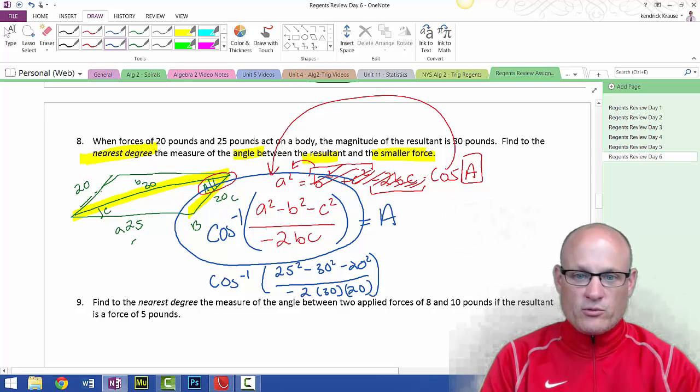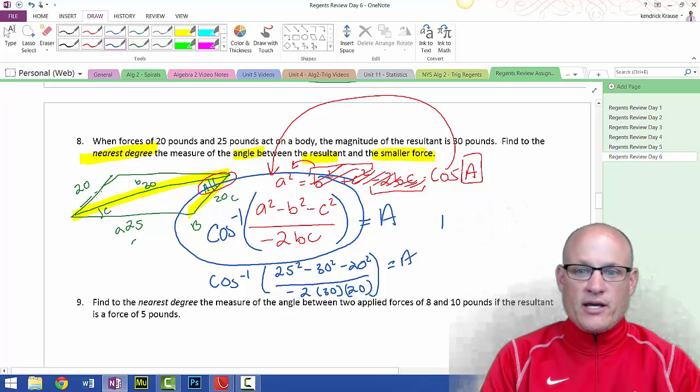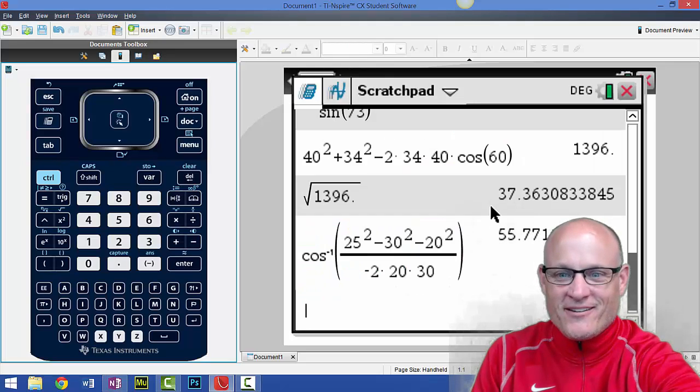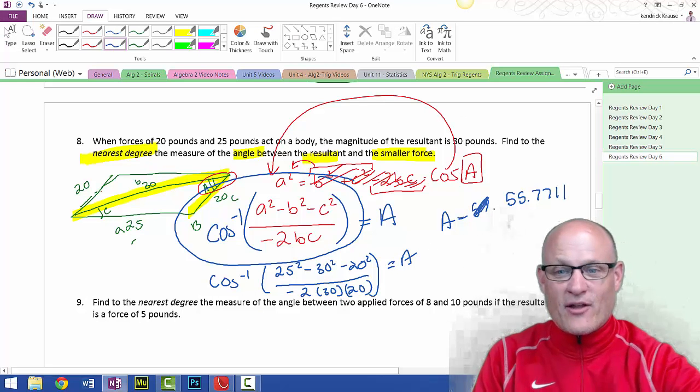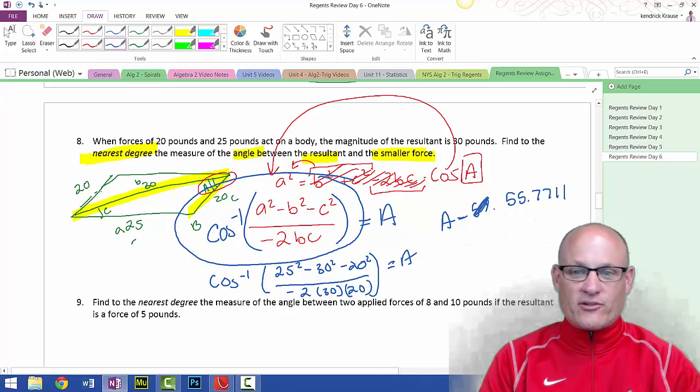That is really weird. I know that's enough because I only want to round to the nearest degree. So A equals 56 degrees.